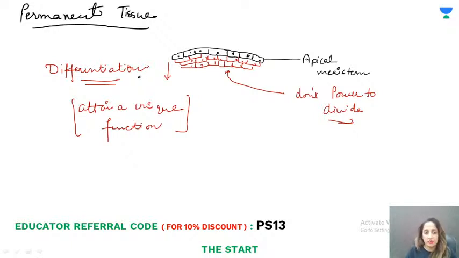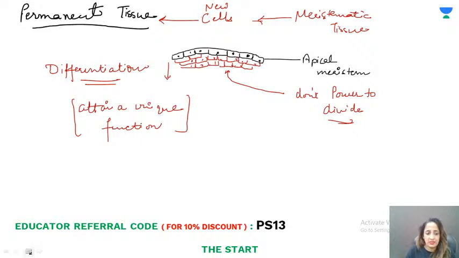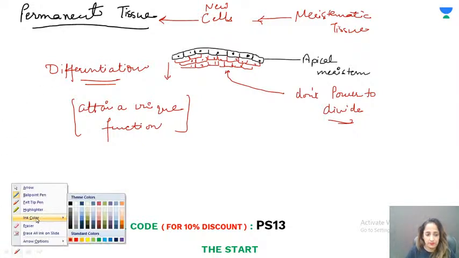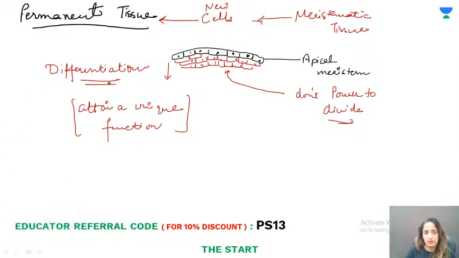So that means meristematic tissue keeps on dividing and makes new cells, and those new cells undergo differentiation. Where did my marker go?